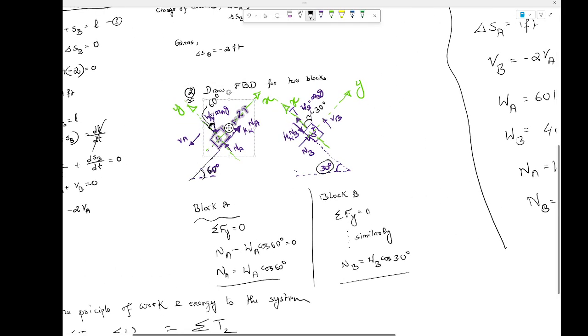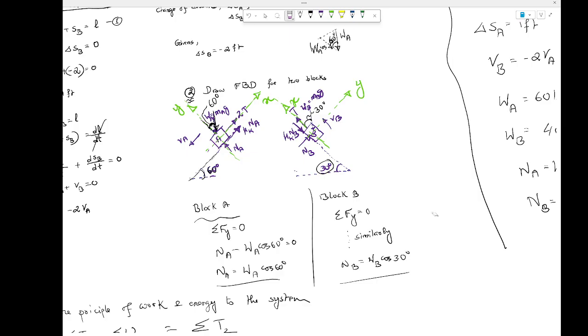Now block A, take a look here. This W, I'm redrawing it here so you'll understand it better. It does have two components, right? If that angle is 30, block A is 60, right?